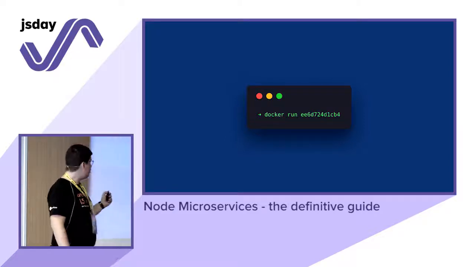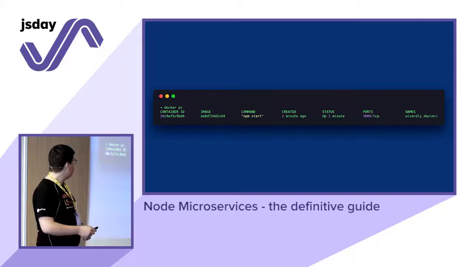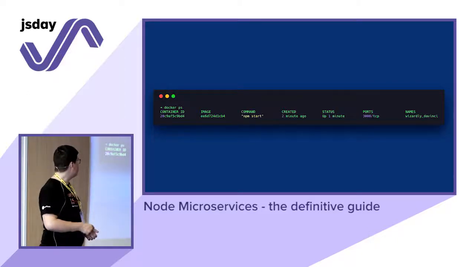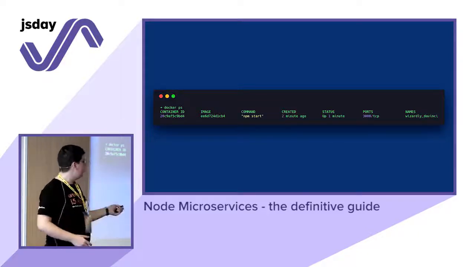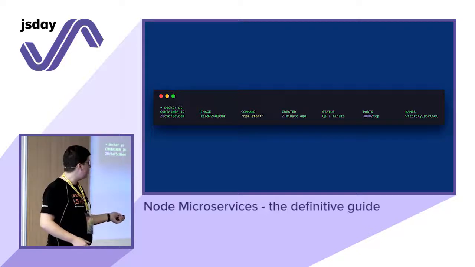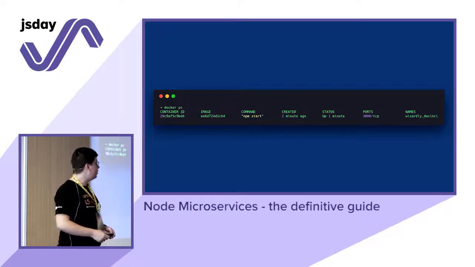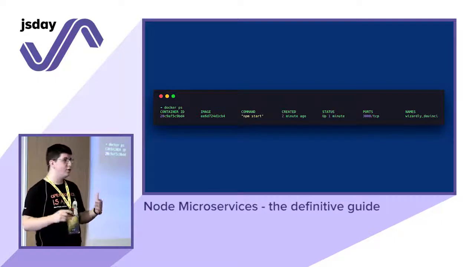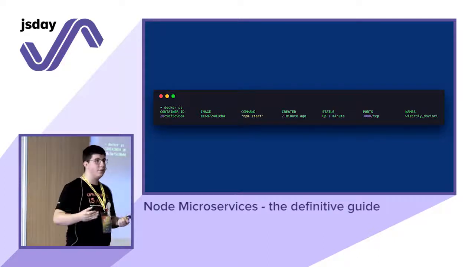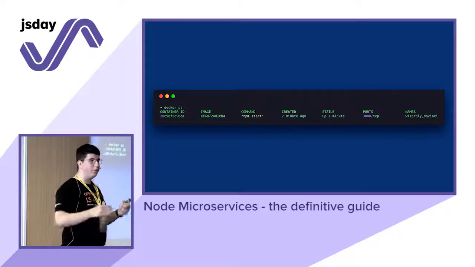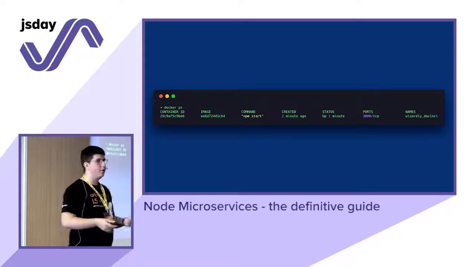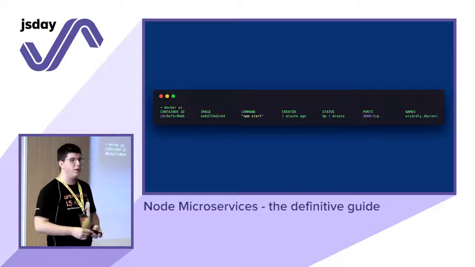Your container will be running on your local Docker instance. To make sure that it's really running, you can use the docker ps command, which shows you that your container is running, when it was created, what command is used, what's the port where it's running, and some name that Docker gave it. So as developers, we put our code inside the container. You build the container, and that container is ready to be sent to a server.